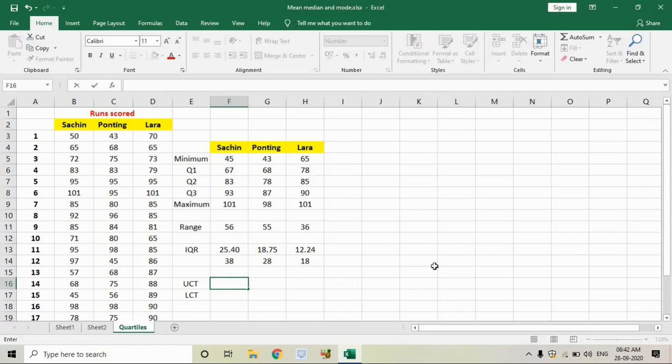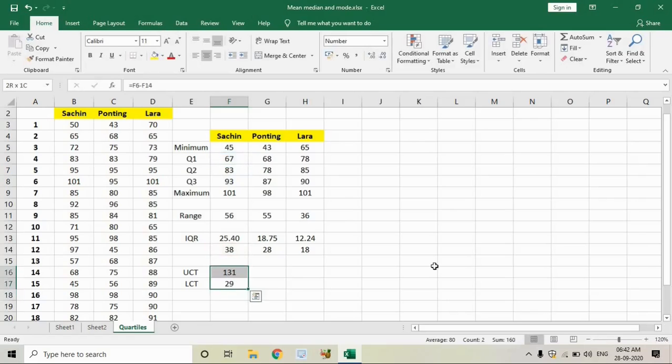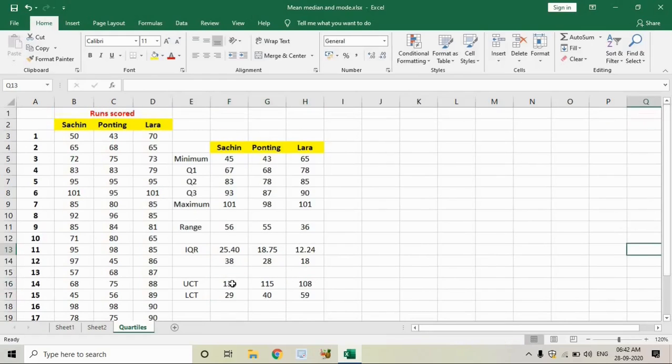The value of upper cutoff can be decided in this way: 93 plus 38. That's the value of upper cutoff. And for lower cutoff, Q1, that is 67 minus 38. So these are the respective values. And the meaning is that any value beyond the upper cutoff and lower cutoff can be considered as an outlier or as an extreme value.